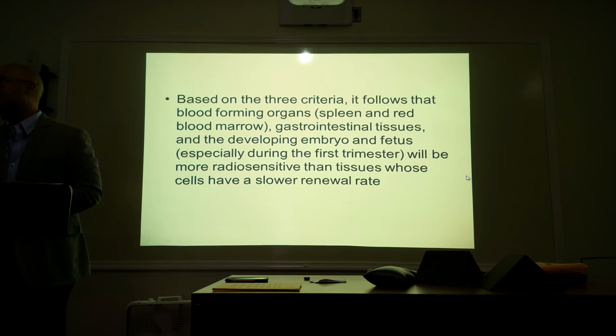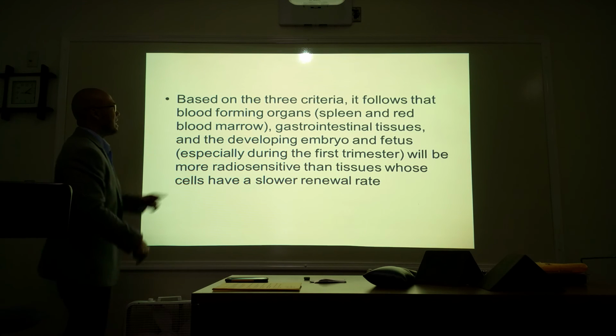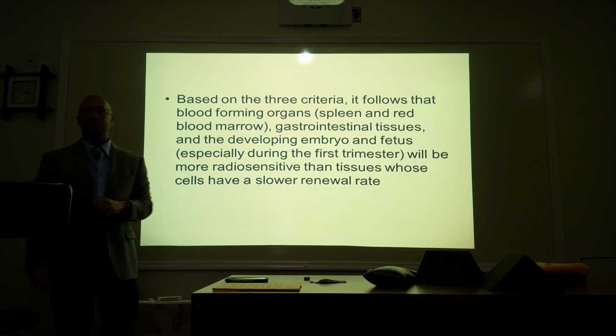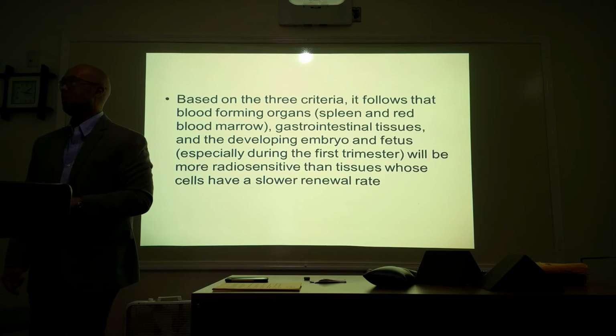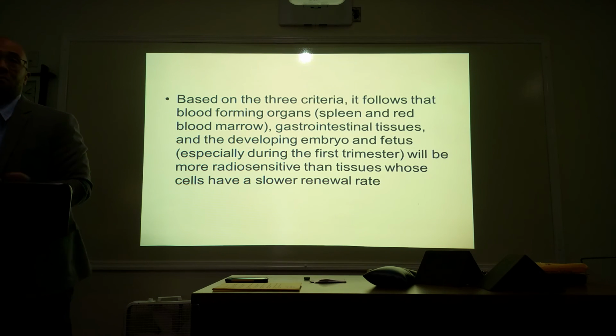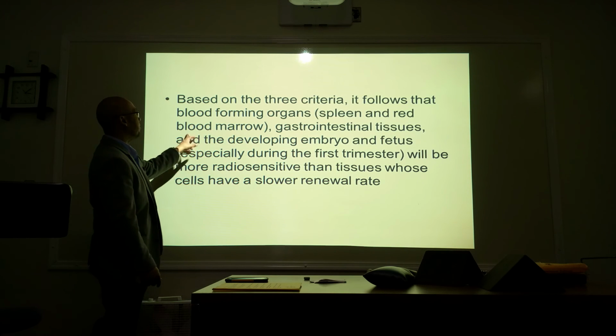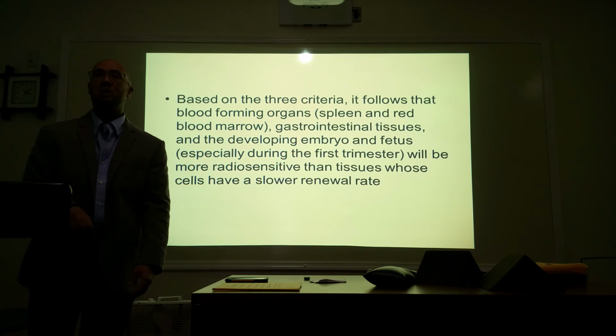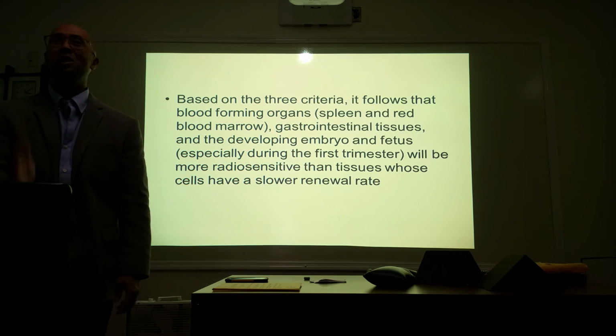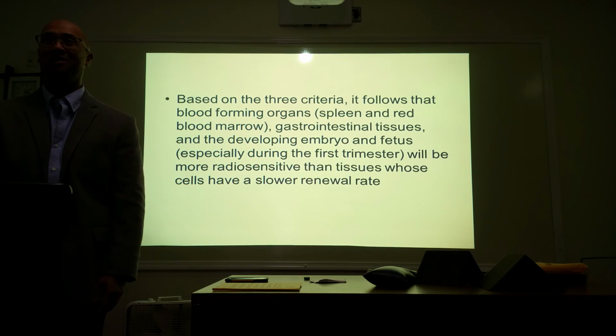Okay? So based on the criteria that we just talked about, including these three, it follows that blood-forming organs, okay, which means the spleen, for example, your thyroid, and your red bone marrow are going to be the most radiosensitive. Why? Because we are constantly producing red blood cells, aren't we?